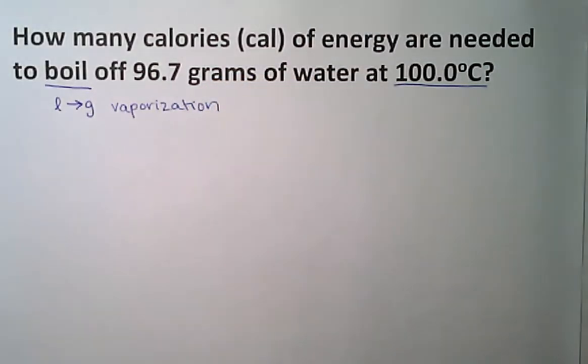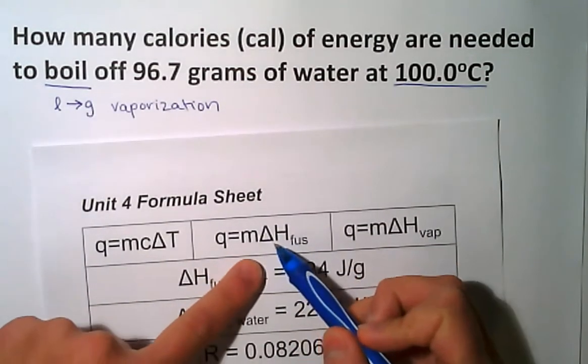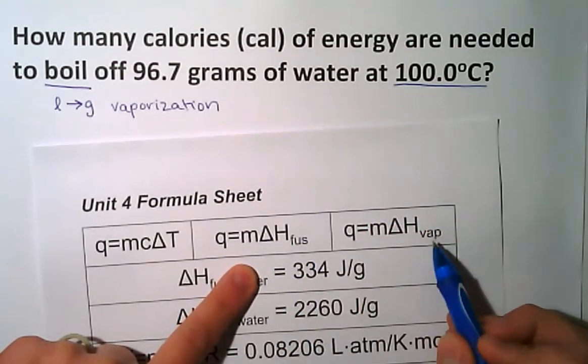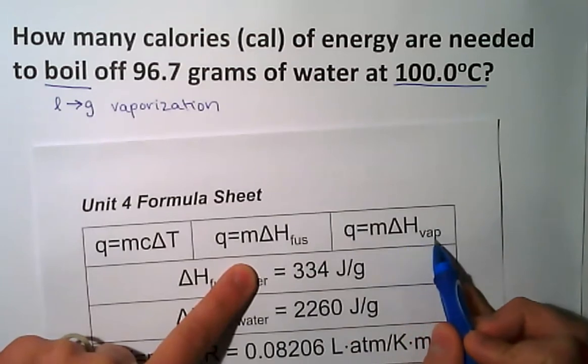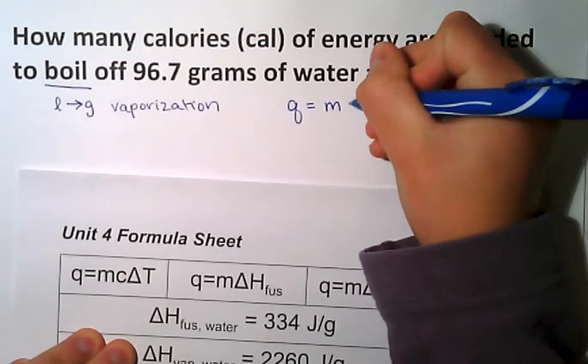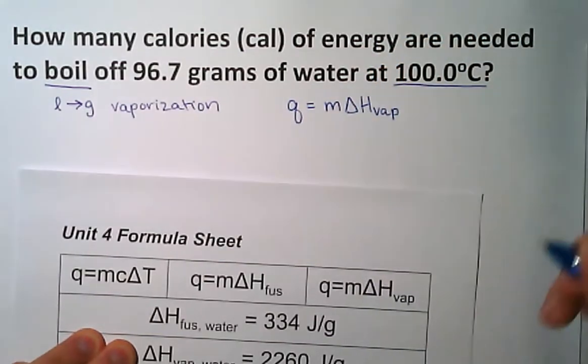So when we do this calculation, we are going to use our equation Q equals m delta H, but instead of using delta H of fusion, we're going to use the delta H of vaporization. So we're going to use Q equals m times delta H of vaporization.